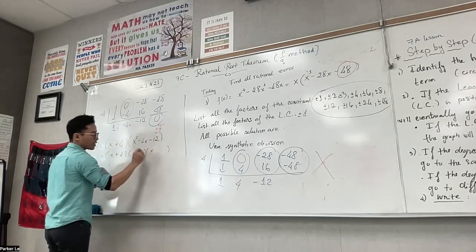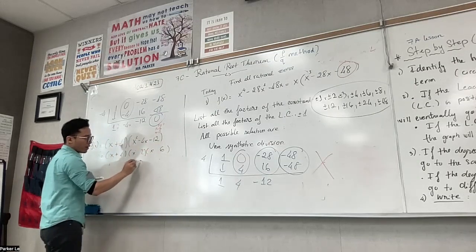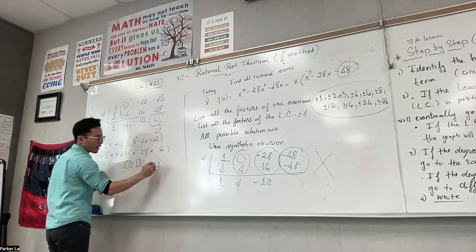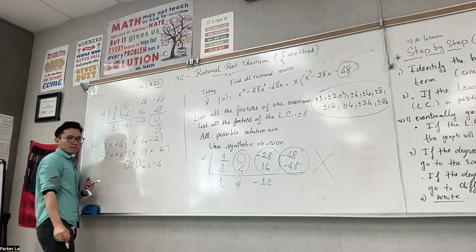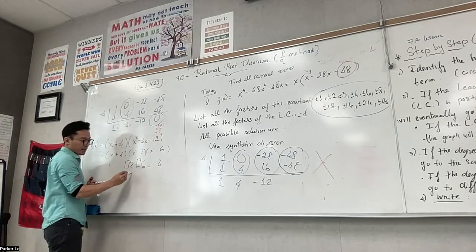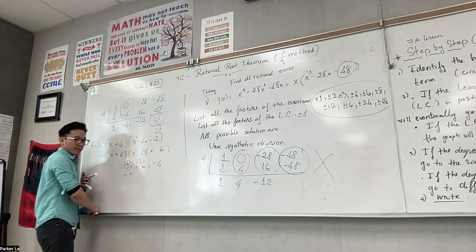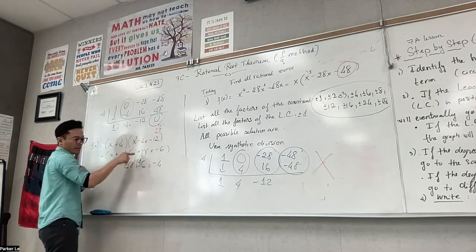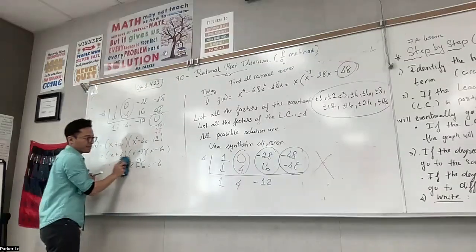All right, 2 and 6. Now, what is the sign of 2 and the sign of 6 that can give you negative 4? Minus 6 and positive 2. Yes, minus 6 and positive 2 can give you negative 4.